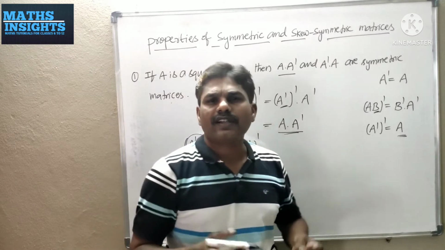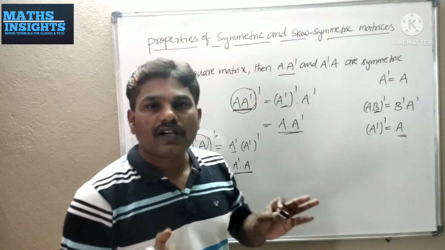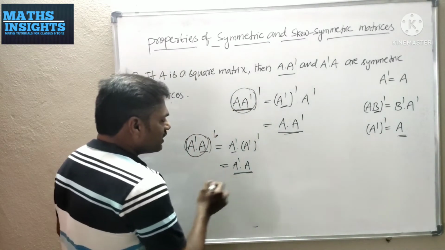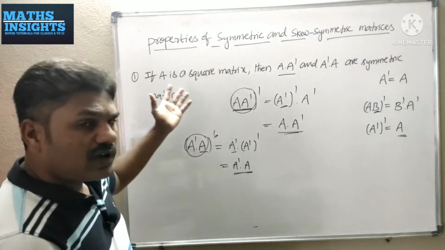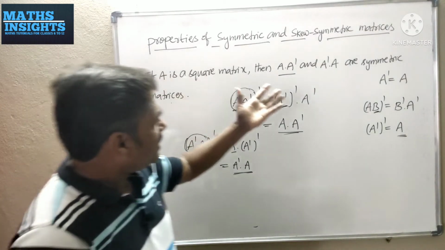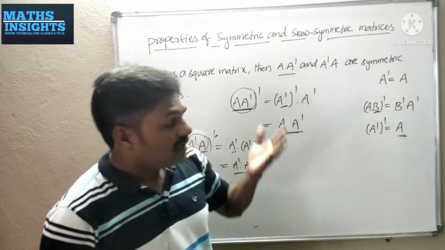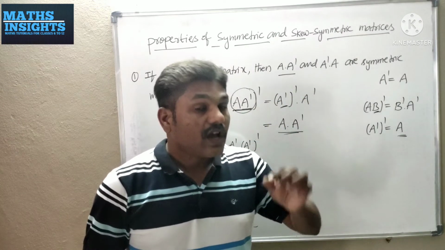Transpose is nothing but interchanging of rows and columns, and on doing that you are getting the same. Therefore, property 1: if A is a square matrix, then A into A dash and A dash into A are symmetric matrices.